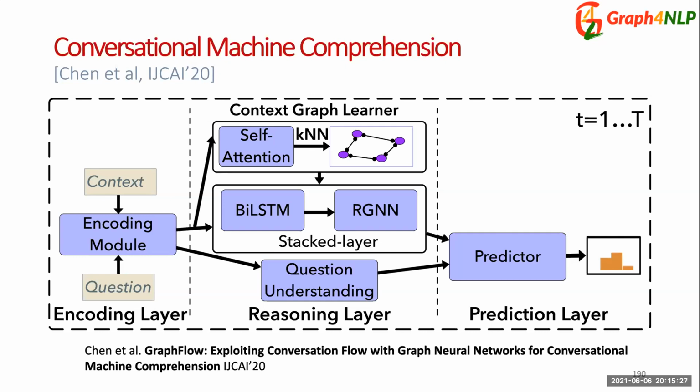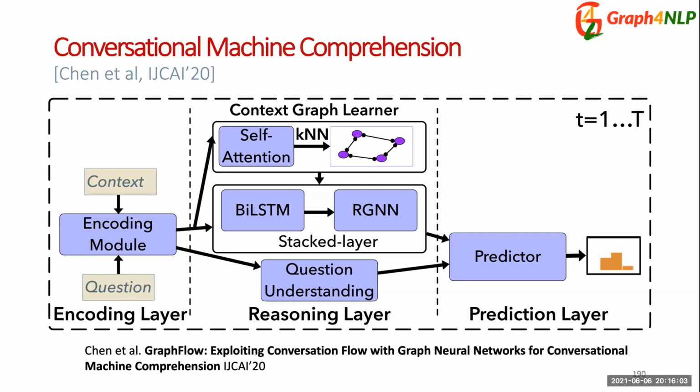The main contribution of this work is in the reasoning layer, which has a context graph learning component that dynamically constructs a question and conversation-history-aware context graph at each turn to model semantic relations among context words. It also has a context graph reasoning component that uses a novel recurrent graph neural network, RGNN, module to model a sequence of context graphs in a conversation, which we will explain more in the next slides.